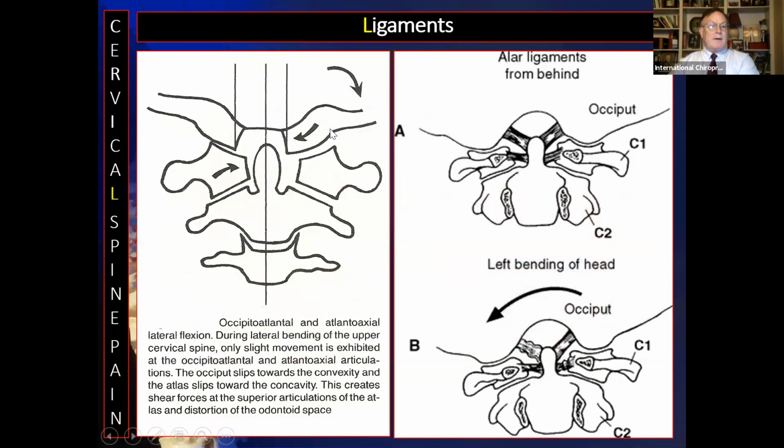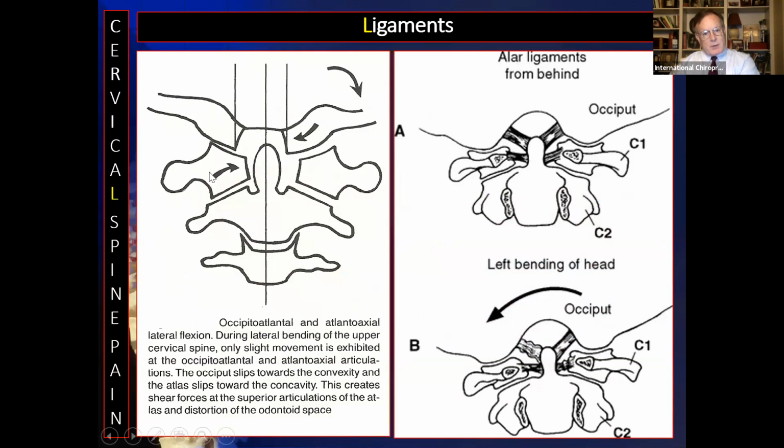Now, when you tilt your head to the right, from a posterior view, let's just pretend, this C0 portion, the occipital condyle, is going to slide this way, and then the occipital condyle on the left slides up and out, and here's the superior shoulder of C1.